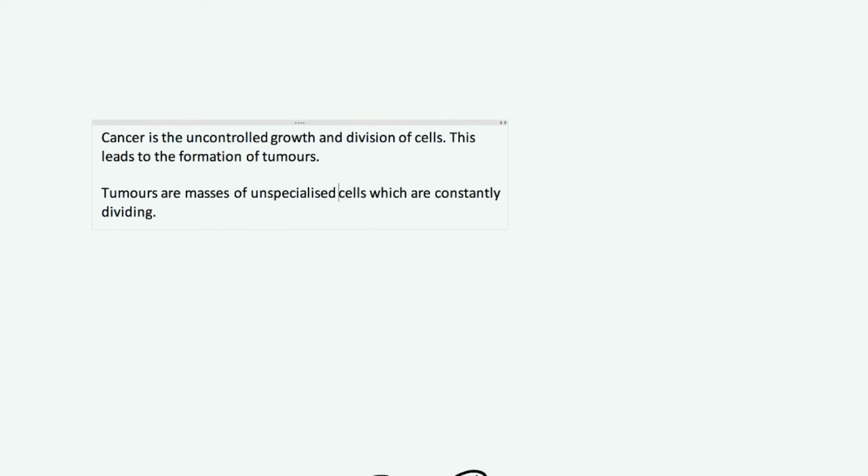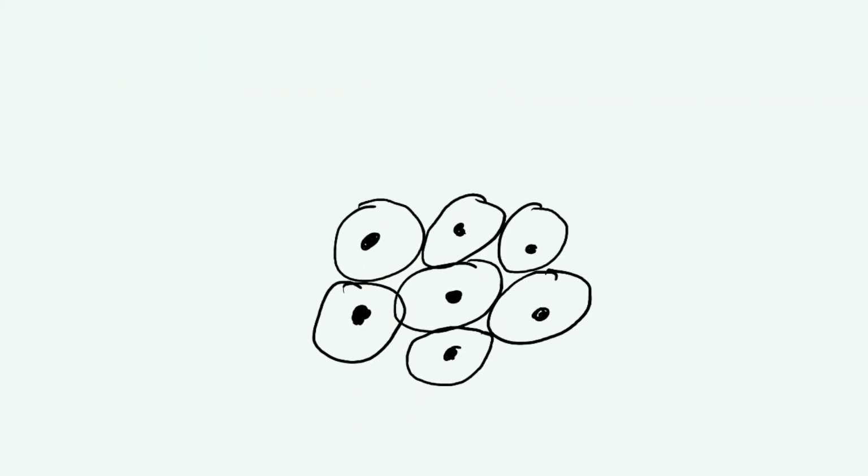Alright, so let's have a look at a diagram which can show us the difference between two separate types of tumour. Okay, the first one being a benign tumour, right? You probably will have heard these terms before, benign and malignant. So benign is normally associated with being less harmful, right? And a benign tumour is a tumour which can grow in one location until there's no more room for it to grow.